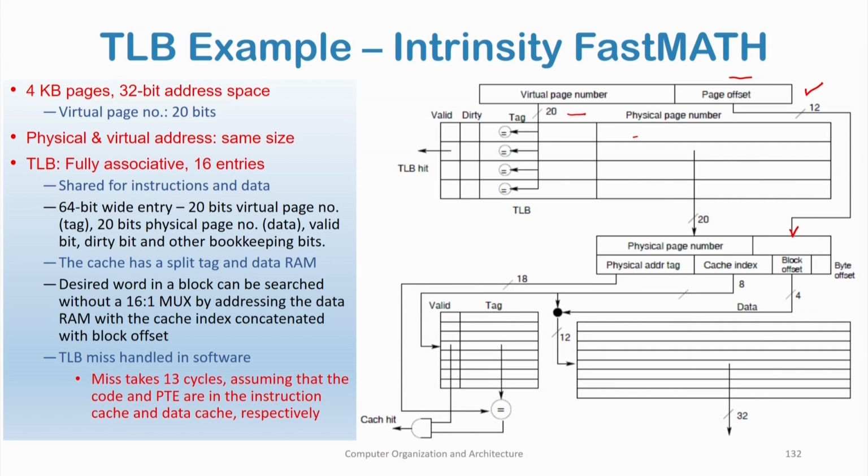So, we generate the complete physical address here, and after generating the physical address, we go for the cache access, and we do so by dividing the physical address into different parts. One is the physical address tag, the cache index, the block offset and byte offset.